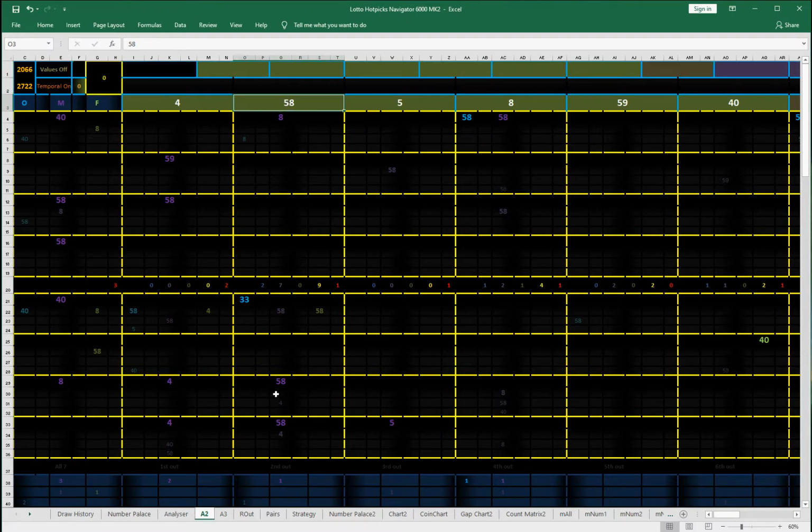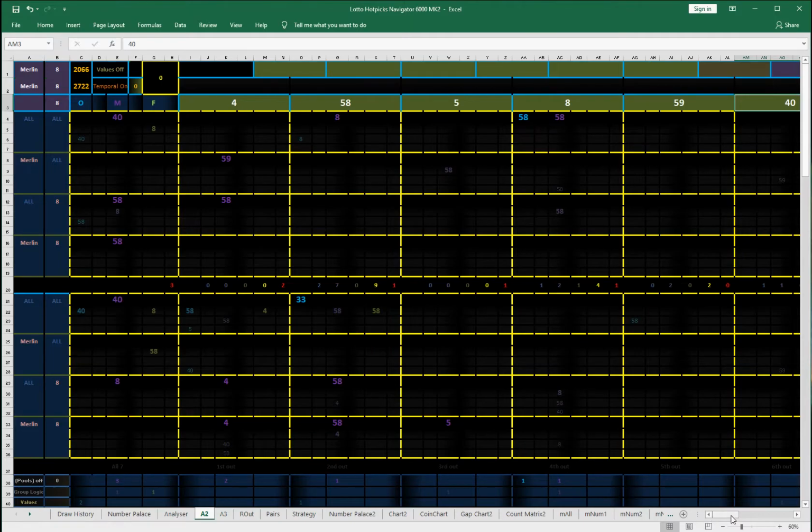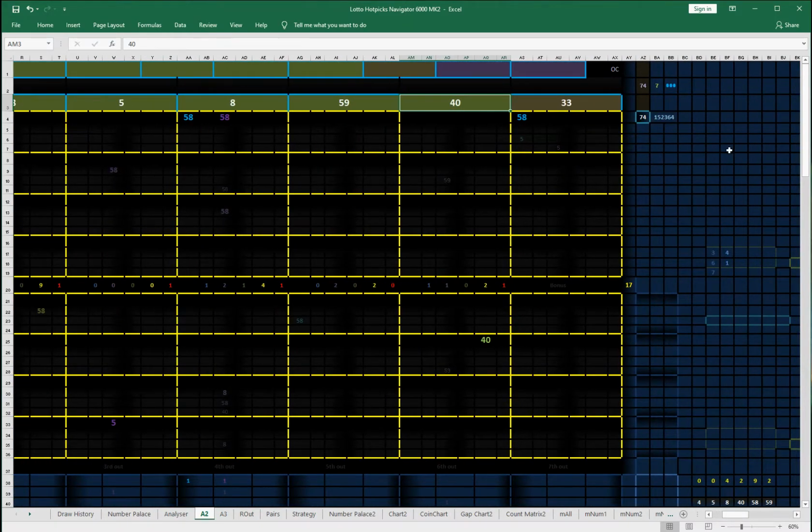So 58, for example, in the second column, that's where it's strongest, and number 8, strongest in the third column. And then the number that's most overdue for its frequency, number 40, there's a reason why I picked that, and there's a reason why I picked the others. And I'll get to, in fact, I'll just show you.